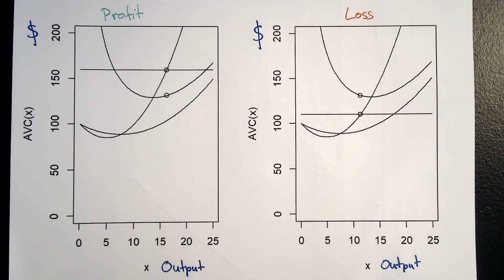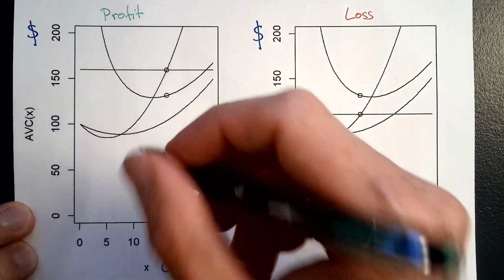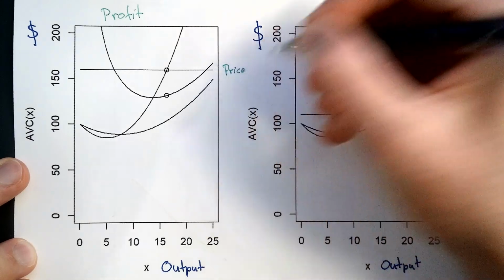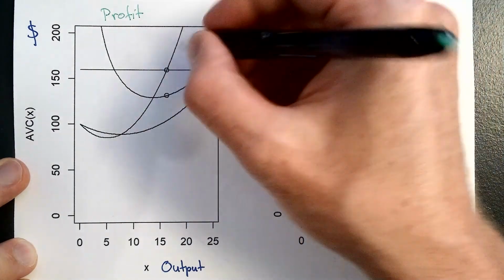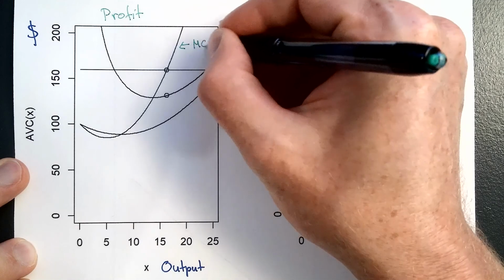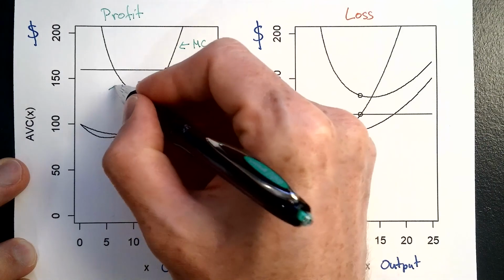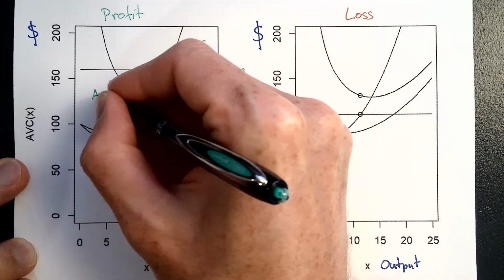I would like to reiterate how to determine the profit and the loss from the graphs which depict the marginal cost, average total cost, and average variable cost. So here we have a price that is a little bit over 150. Okay, so here we have the price, and the function here is the marginal cost, and this curve here is the average total cost.